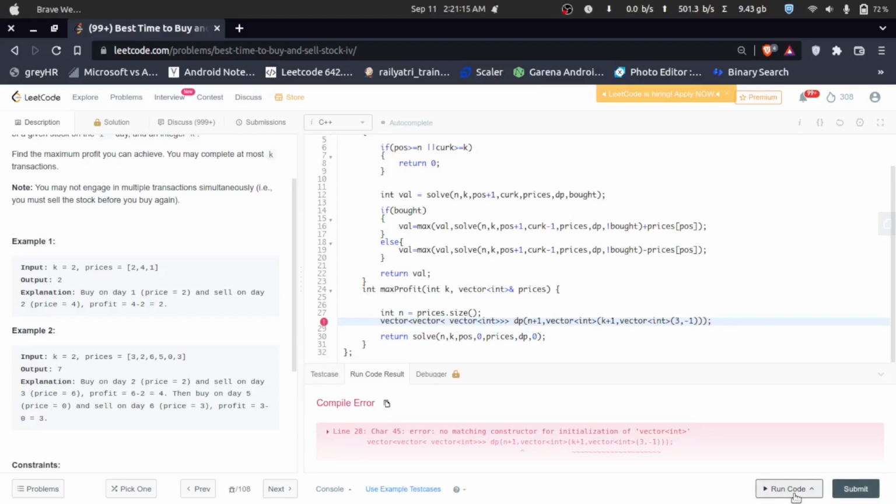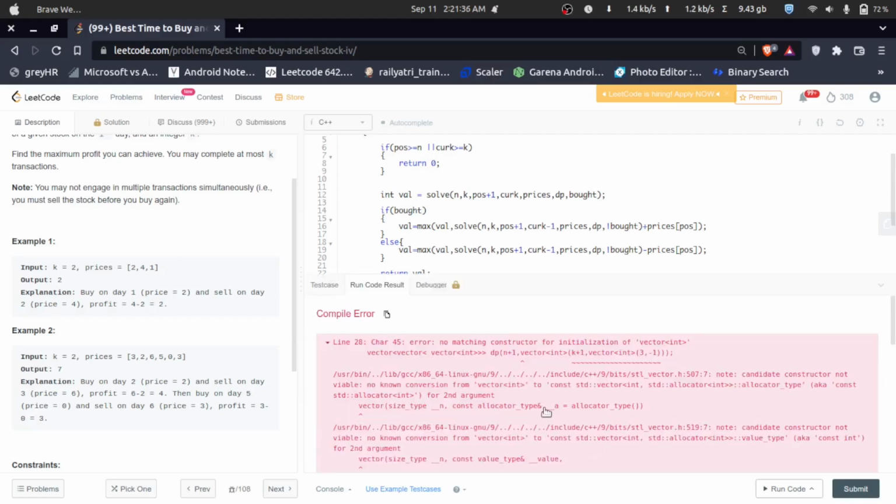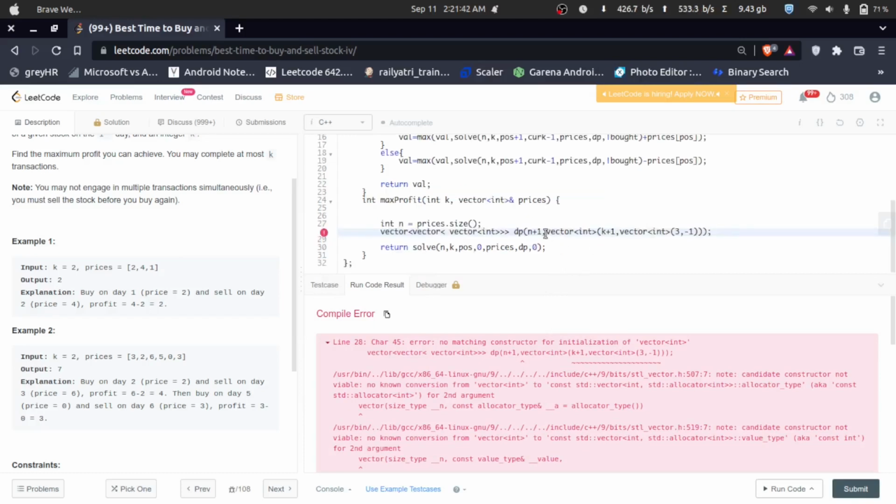But what is that? Okay, n plus 1, k1 vector of integer, if I've been doing that, but that is vector of vector of vector, one vector, two vector, that is already, okay, maybe that is, okay, vector of vector.